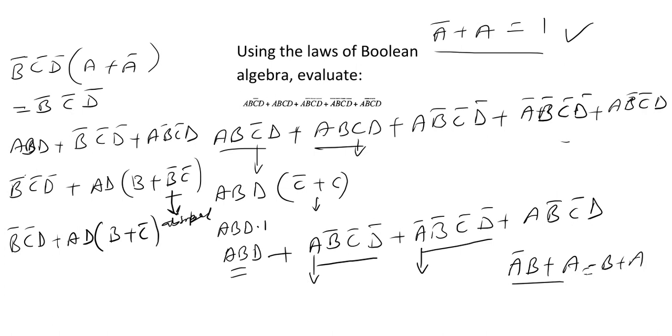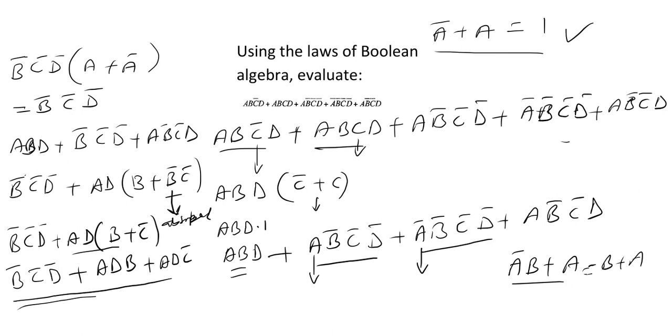So the final expression will be not B, not C and not D, or ADB after you multiply out, plus AD and not C. So this one cannot be simplified further than that, and it becomes our simplified expression when using the Boolean laws that are applicable, as we have seen.